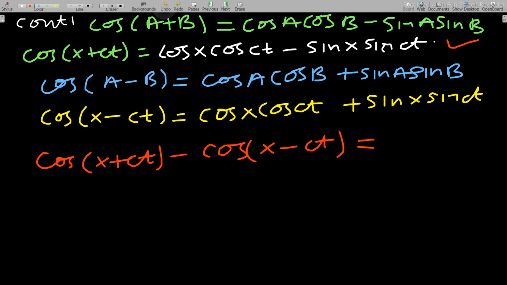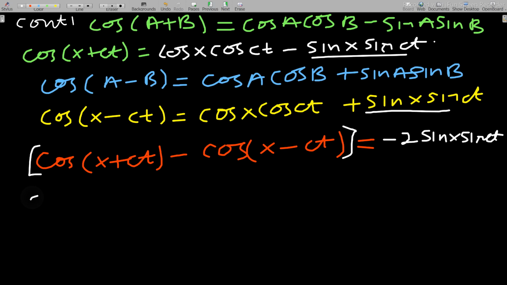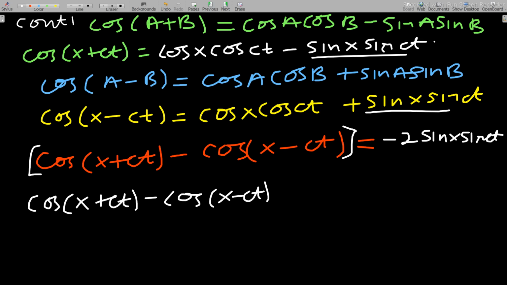If you subtract the right side, cos x cos ct will cancel themselves, because this minus this is 0, and we'll be left with minus this minus that, which gives minus 2 sine x sine ct. So whatever we have in the bracket, cos of (x plus ct) minus cos of (x minus ct), is now equal to minus 2 sine x sine ct.